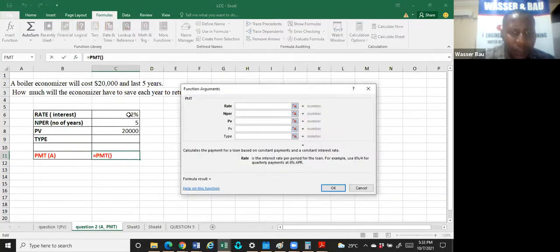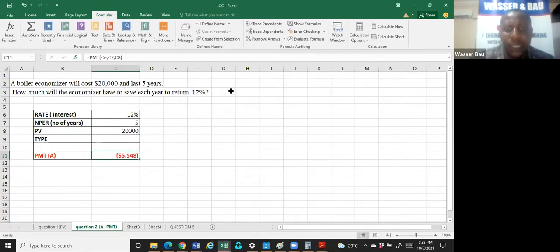Under PMT, this is the rate, number of years, and the PV. It's not giving me negative because I should have told it that the PV is an outflow. It's not a receipt, it's a disbursement. The negative sign.